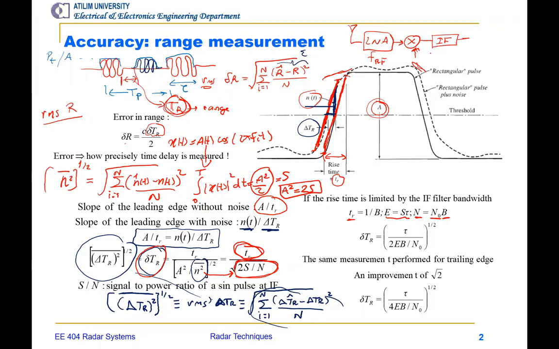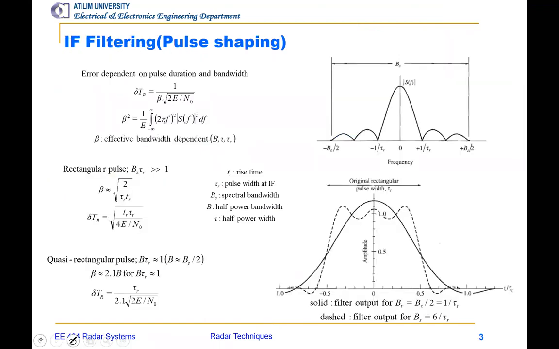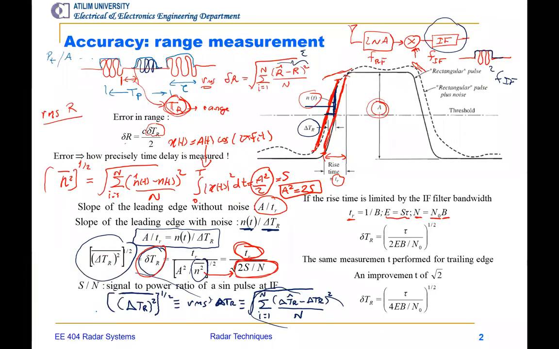After down conversion, here we have, let's say, IF. So we get simply a pulse with an envelope, just like this. But due to the filtering here, it is just a perturbed version of this, just like this.